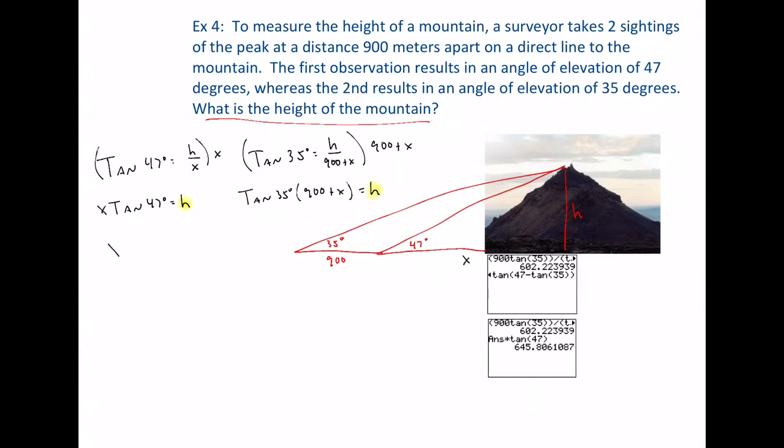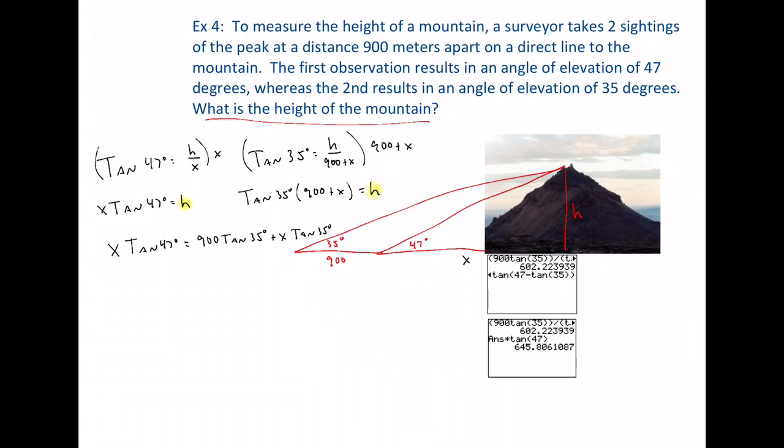And so we can say x times tangent of 47 degrees is equal to, I'm going to distribute the tangent of 35. So that'll be 900 times tangent of 35 degrees plus x times tangent of 35 degrees.